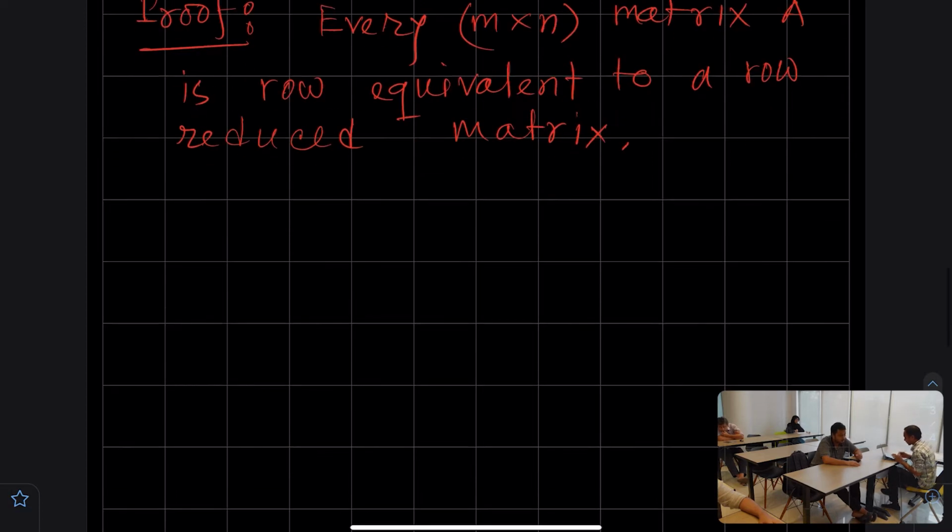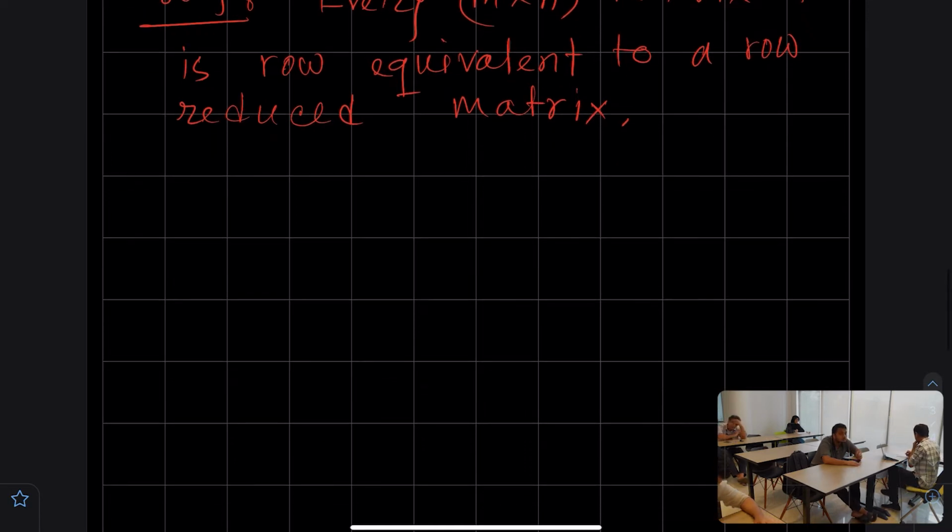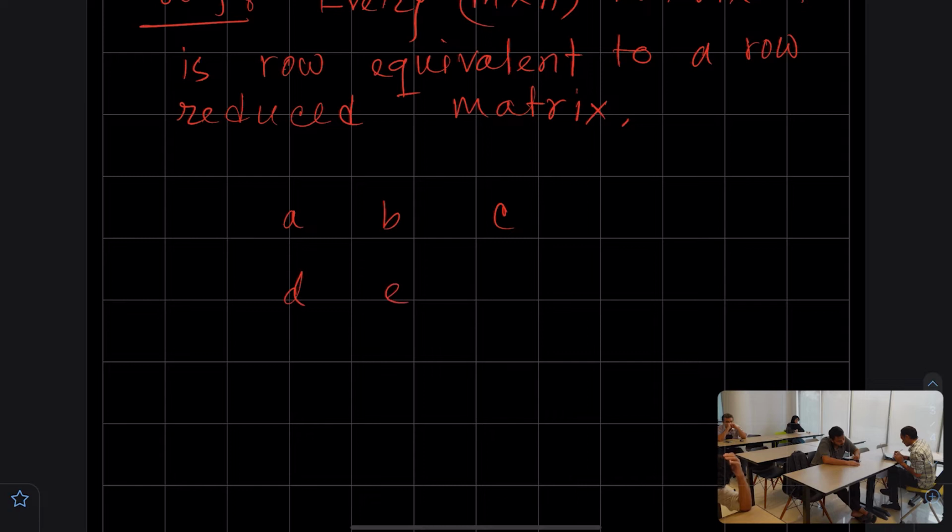Now let me consider a matrix of the form: 0 1 A B C, D E F, 0 0 0.